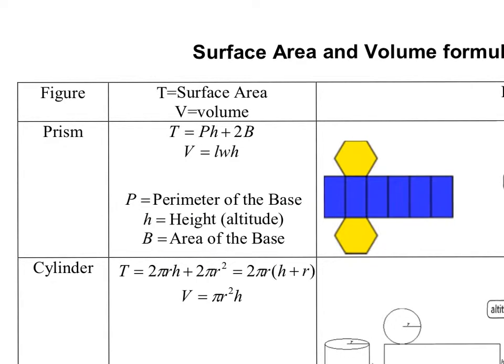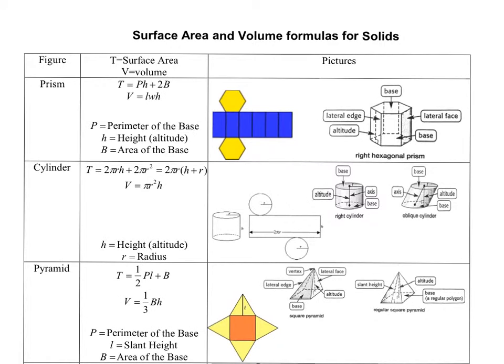So a couple things about that. The base is always the shape that's not a rectangle, at least with a prism. So notice this is a hexagon prism. So the hexagon is the base, and all the other sides are rectangles. Or for the cylinder, the circles are the base, and if you unfold the sides, it creates a rectangle.